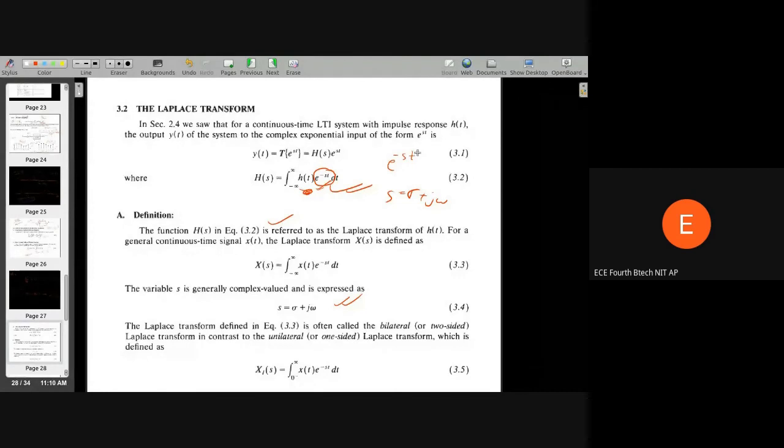So depending on the value of sigma, it will be increasing or decreasing, so it will be e to the power minus sigma t times e to the power minus j omega t. So it's an inner product between the signal and an increasing or decreasing sinusoid. So that's what a Laplace transform is.